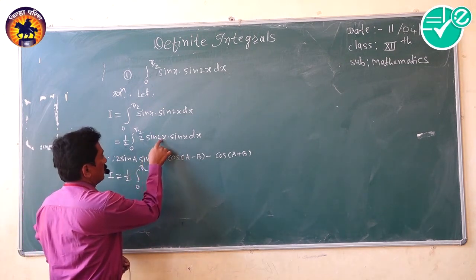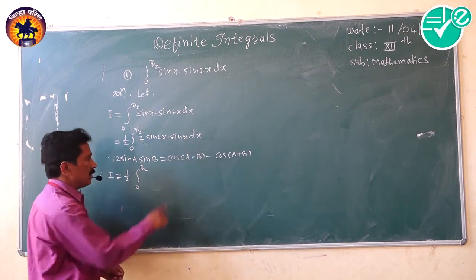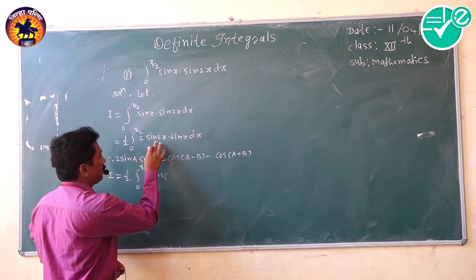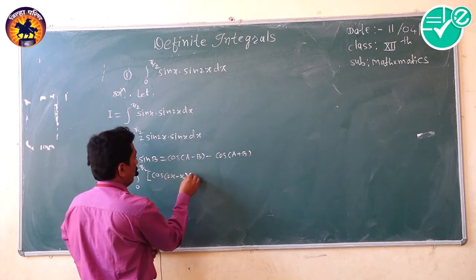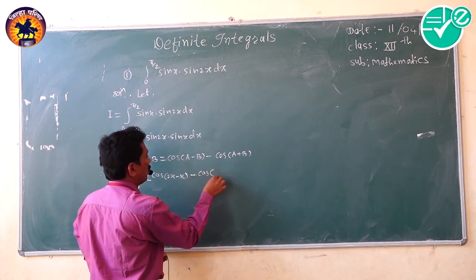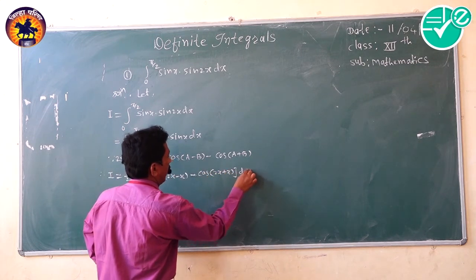For this, let us suppose 2x is A, x is B. Using this formula, this will give us cos of A minus B, that is 2x minus x, minus cos of A plus B, that is 2x plus x into dx.